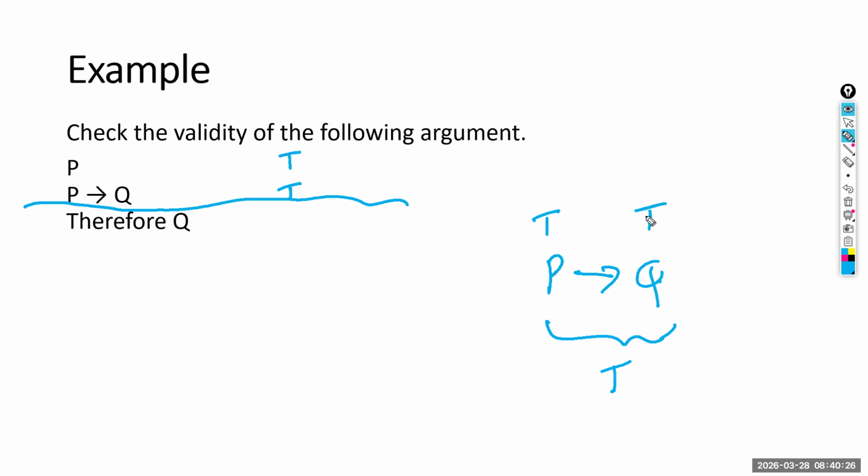Not maybe true. Because if Q is false, this statement becomes false, but your assumption says this is true. So according to these two statements, Q must be true.